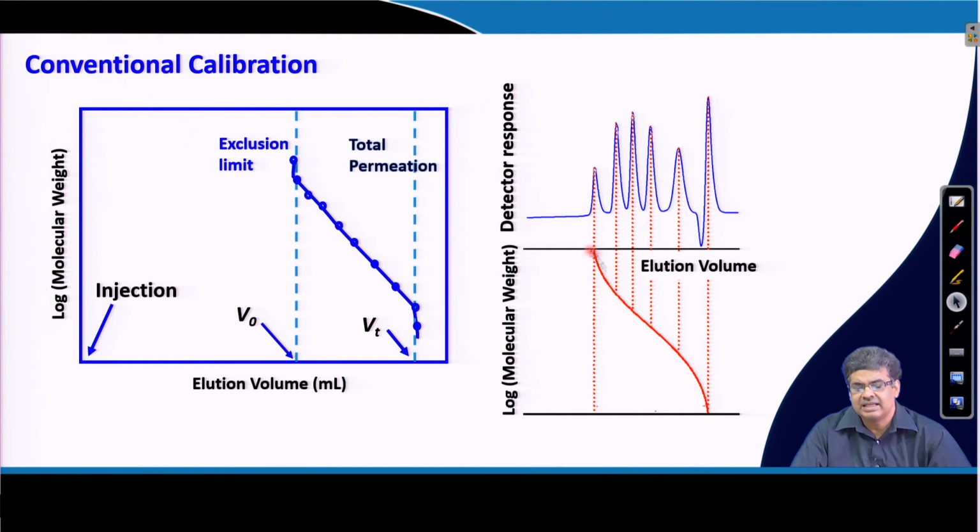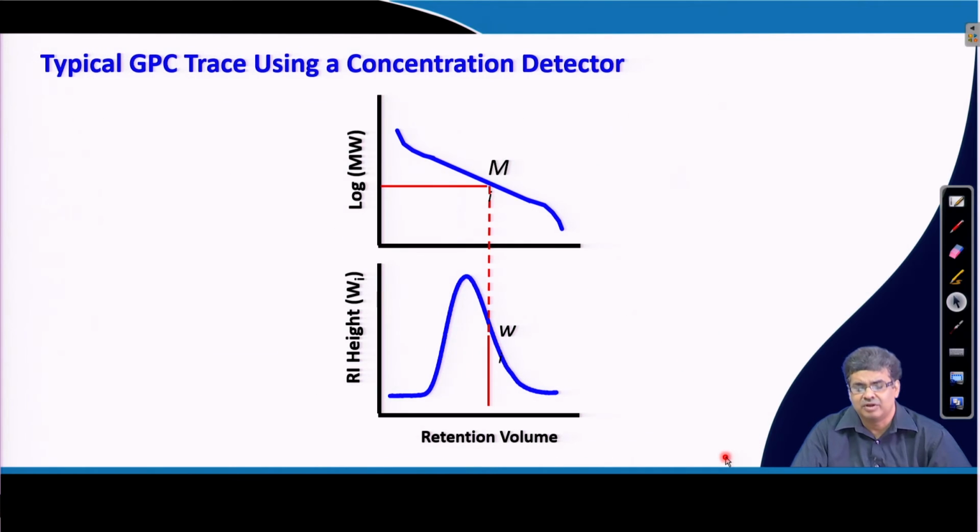So, this is the calibration curve which will give us the molecular weight of an unknown sample if we know the elution volume. This is a classical calibration curve where log molecular weight is a function of elution volume.